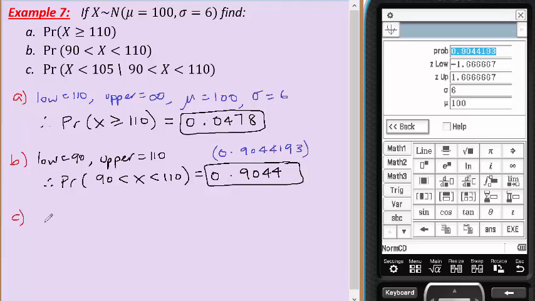Now I'll do part C. So part C, I'm going to say the probability that x less than 105, given x is between 90 and 110, is the probability. It needs to be both less than 105 and within this range.